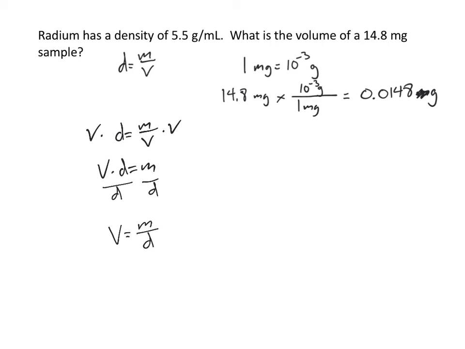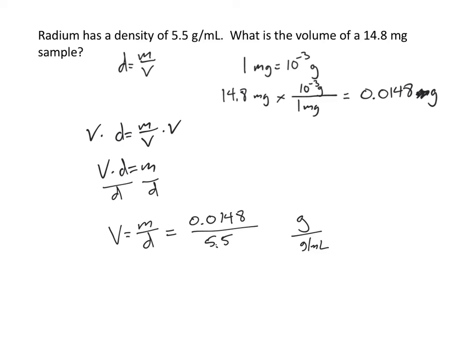Once I've isolated the variable I'm looking for, now I'll go ahead and plug in my values. So the mass is 0.0148. The density is 5.5 grams per milliliter. And then what I usually do is I work the units as sort of a separate problem off to the side. So I have the mass in grams, and then I'm dividing by the density in grams per milliliter.